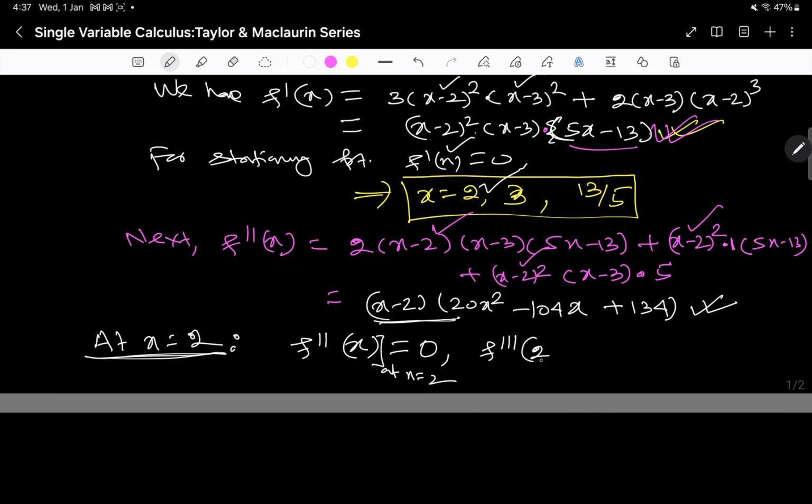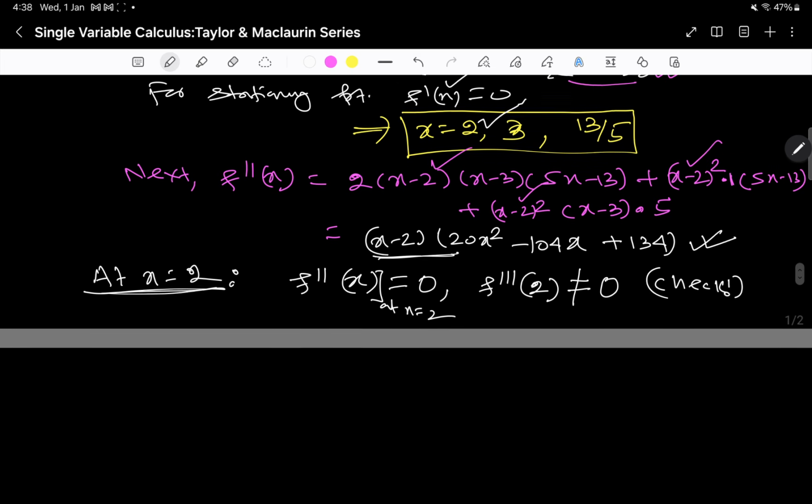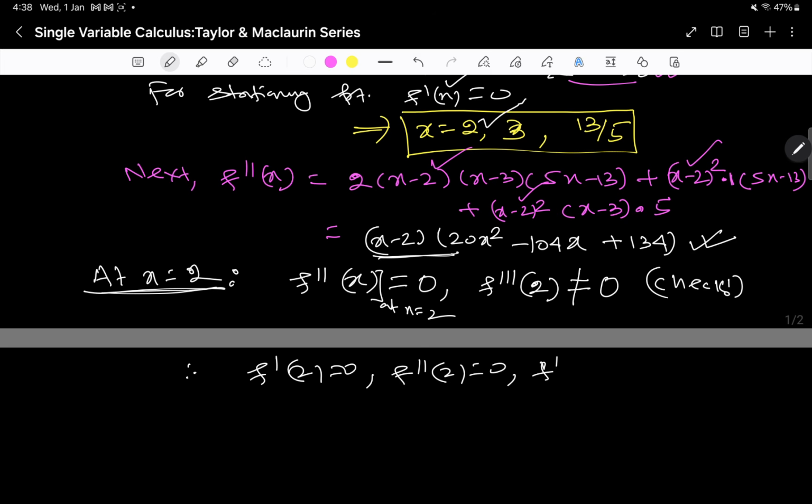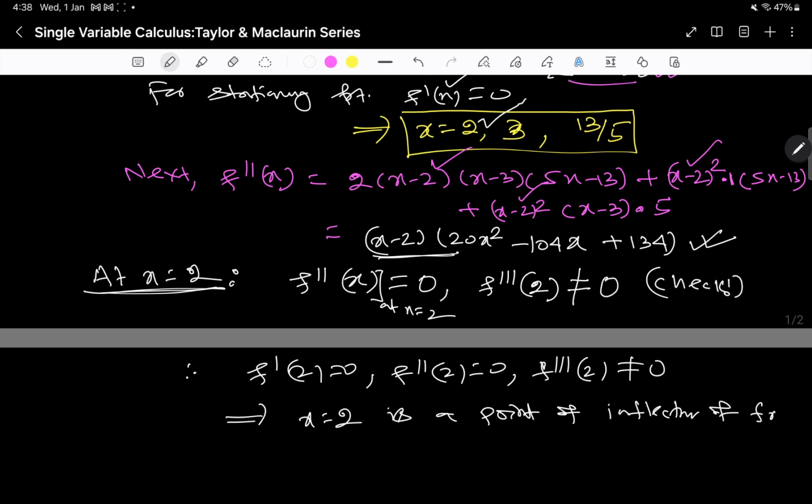If you find the third derivative and check it, it should be not equal to 0. So therefore f dash 2 is equal to 0, f double dash 2 is equal to 0, but f triple dash 2 is not equal to 0. So this implies x equal to 2 is a point of inflection of f(x), right?